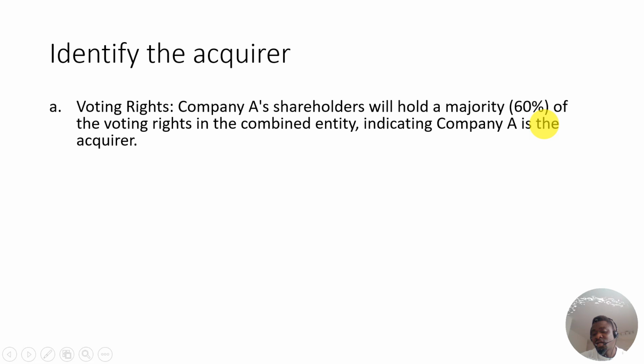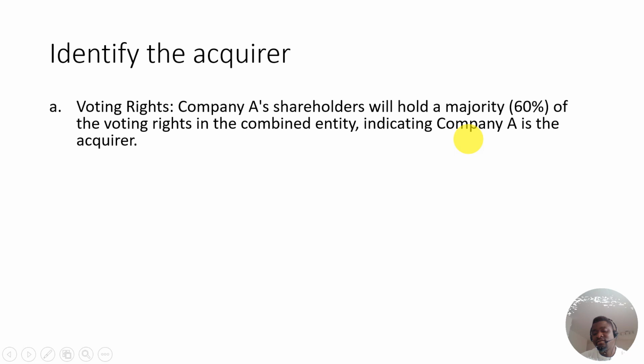When I was making my simple example earlier on, I said something about 51% giving you voting power. So in this case, 60% interest in an entity automatically gives you the power of voting, I mean the voting right. So it means that company A is the acquirer.